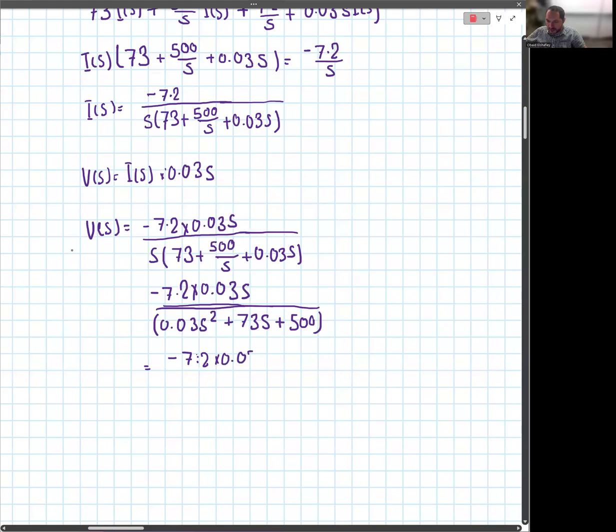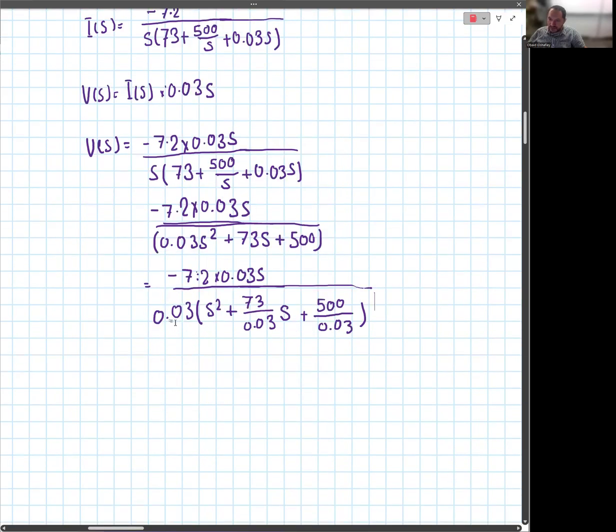Times 0.03 S over 0.03 times S squared plus 73 over 0.03 times S plus 500 over 0.03. So that's our V(S).